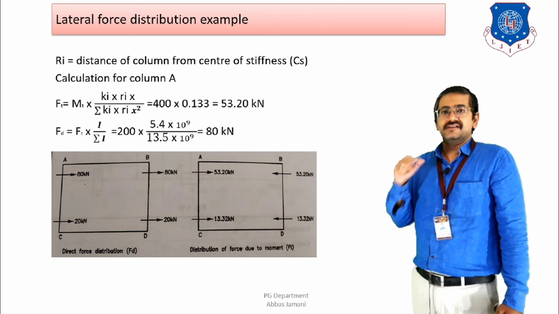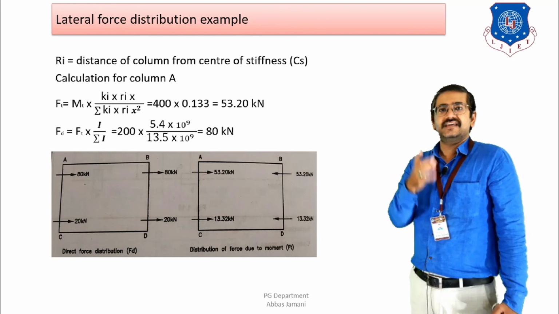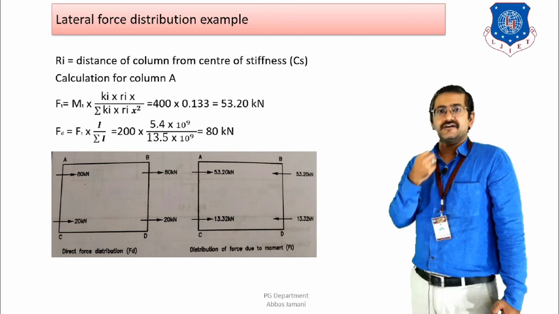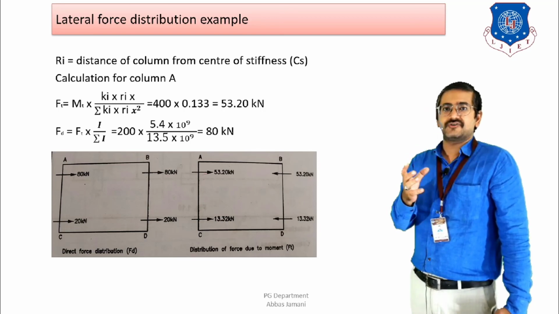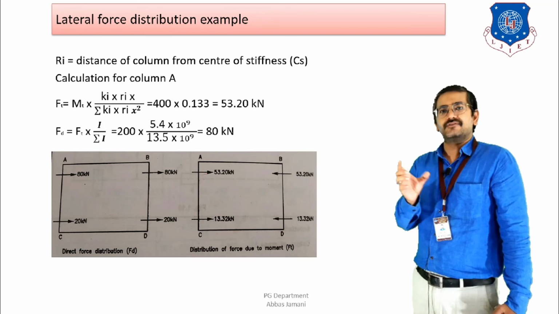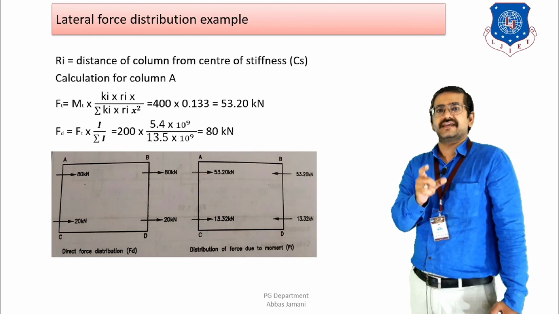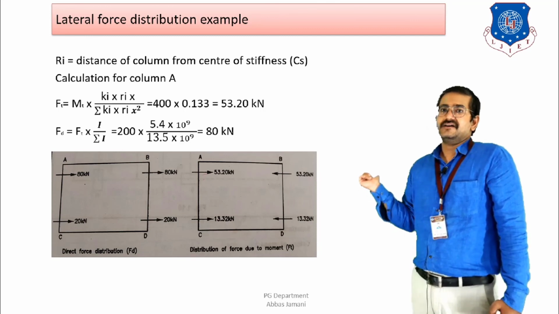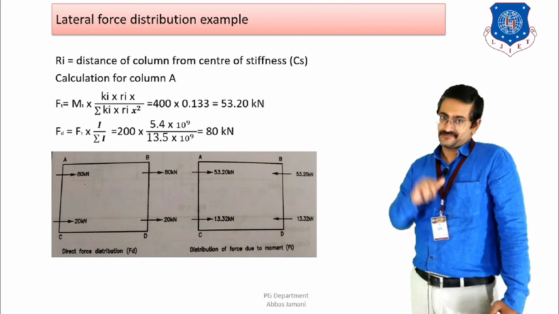Why? Because where the stiffness is going to be more, the capacity to absorb the forces is also going to be on the higher side. So as a result of that, what you can see is that those columns which have a higher amount of stiffness are going to carry a large amount of forces. And the same thing is obtained in the behavior which we are observing here in the example.